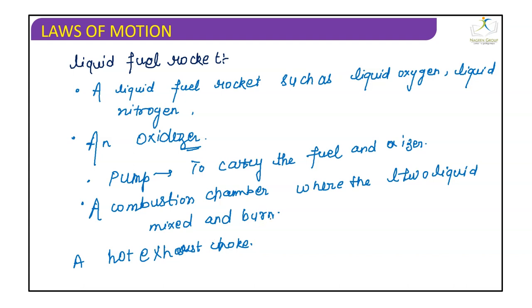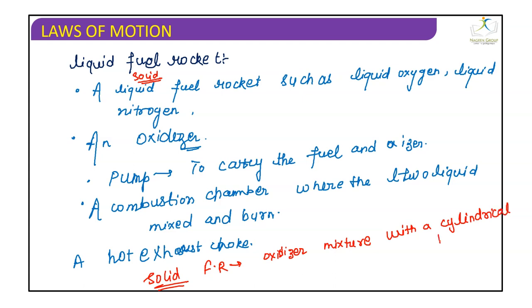Okay, so in a solid fuel rocket, what is the difference? In a solid fuel rocket, the red one is what I'm representing for the solid fuel oxidizer mixture with a cylindrical hole in the middle.